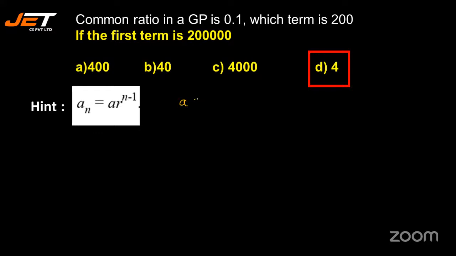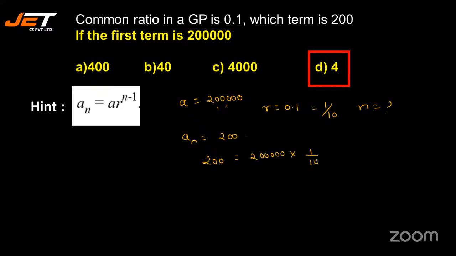So your A is 2 lakhs. Okay. Next, your R is 0.1. In other words, it can be written as 1 by 10. Okay. N is asked. And your AN is 200. Right. So same thing you have to do. 200 is equal to, your first term is 2 lakhs into R is 1 by 10 to the power n minus 1.